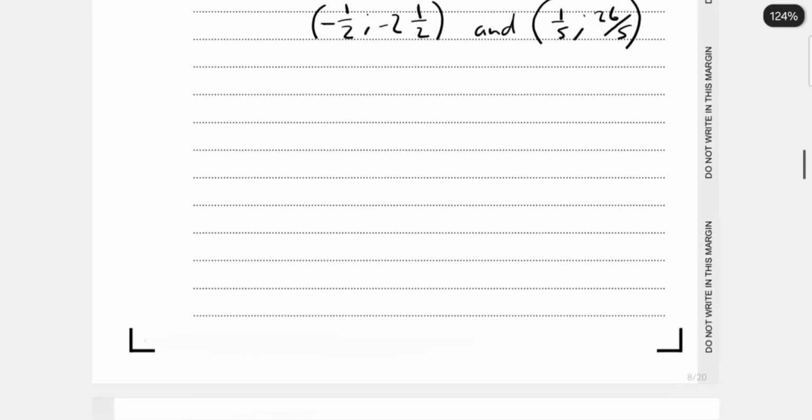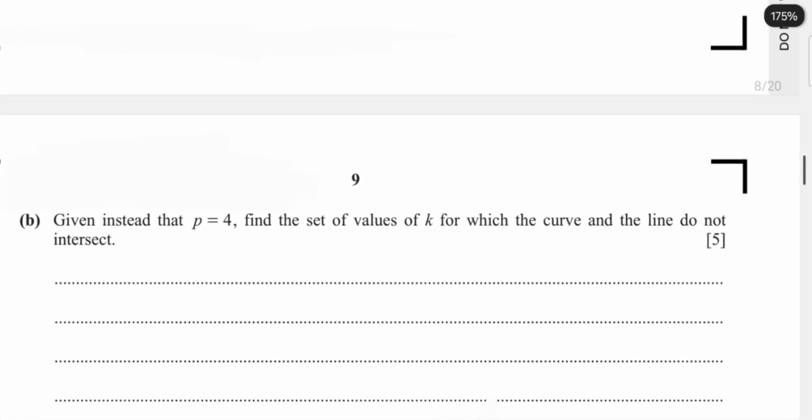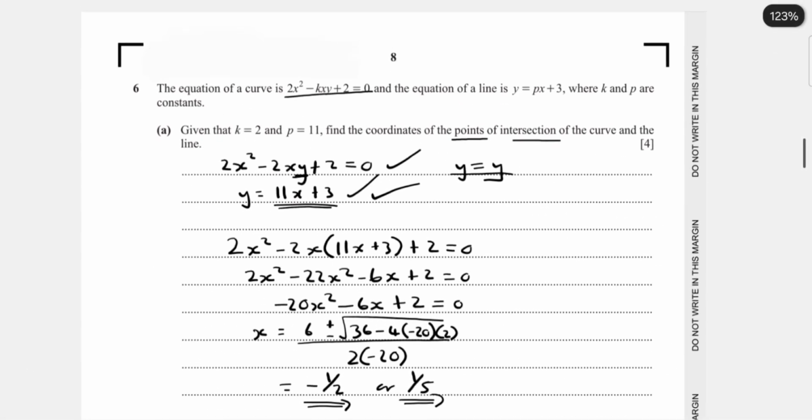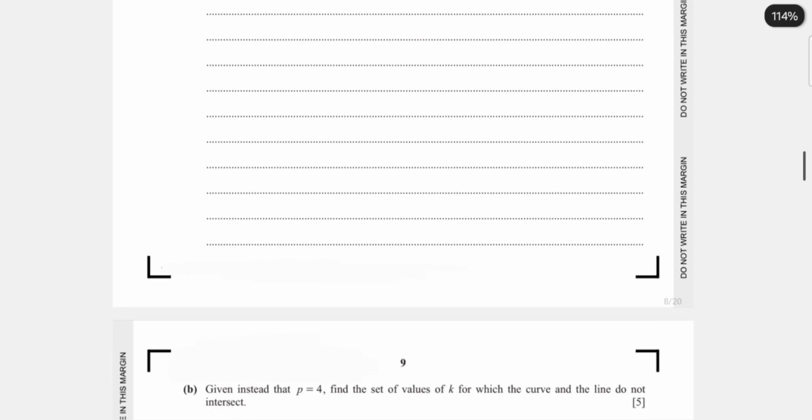And for part B, we're told, given instead that p equals 4, find the set of values of k for which the curve and the line do not intersect. So if p is 4, this will be y equals 4x plus 3.